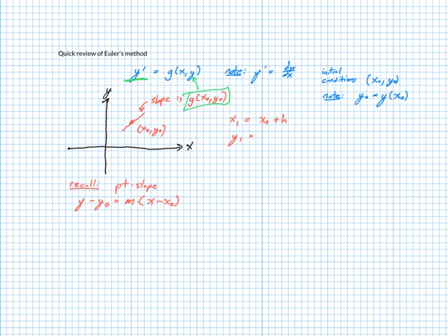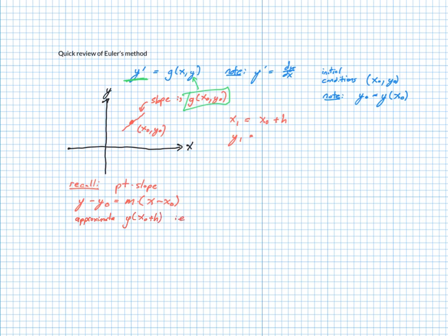Okay, so now, just like in Calc 1, if you have a point and you have a slope, you can approximate what the next point should be on the curve. So we're going to approximate y of x naught plus h.